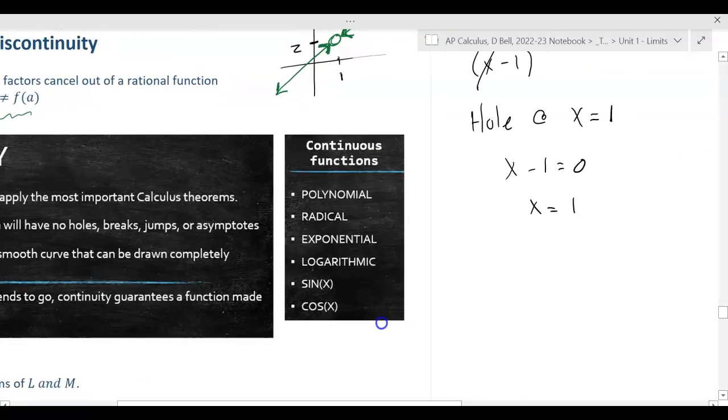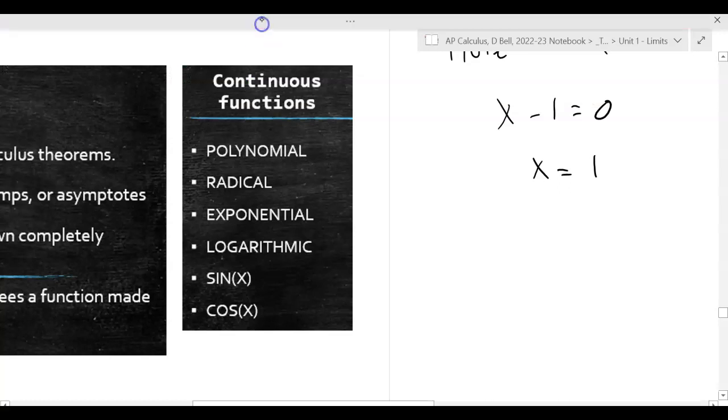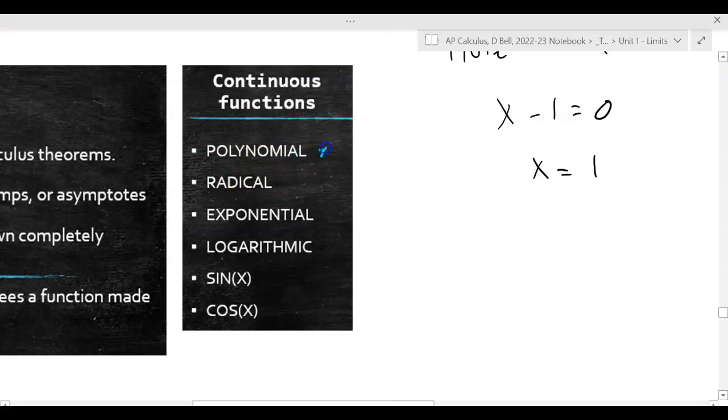So, functions that are already continuous. Polynomial functions: x, x squared, x to the third, x to the fourth, x to the fifth, and any combination of those, are continuous. Radical functions, like the square root of x, look like this and are continuous. Exponential functions, whether growth or decay, are continuous.